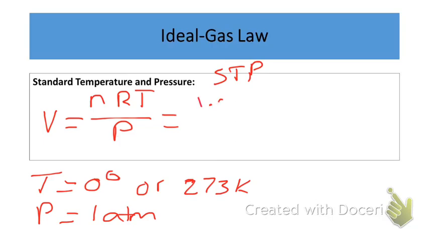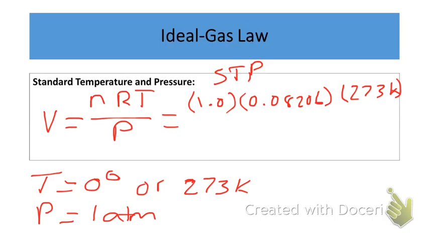So if I have 1 mole of gas times the R value, which is 0.08206, we're using the first one because we're dealing with volume in liters, times the temperature, which is 273 Kelvin. Remember, we have to use Kelvin when we use temperature. That's the standard temperature, divided by our standard pressure of 1 atmosphere, ATM.